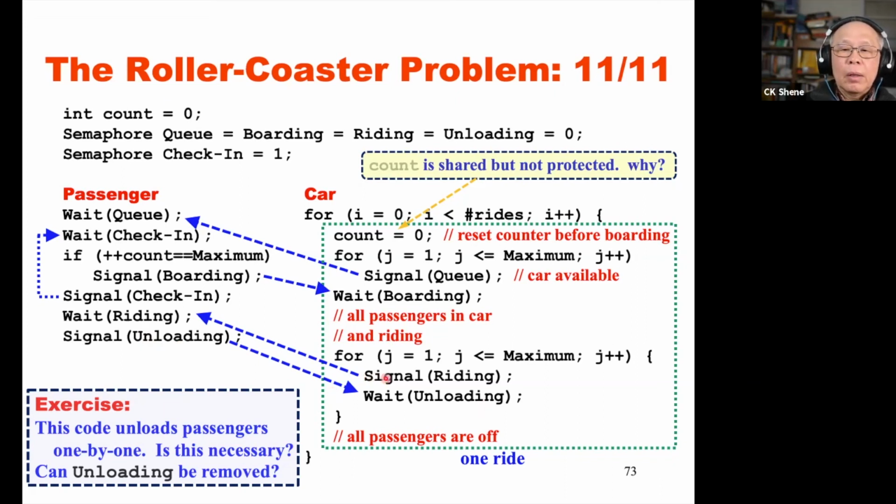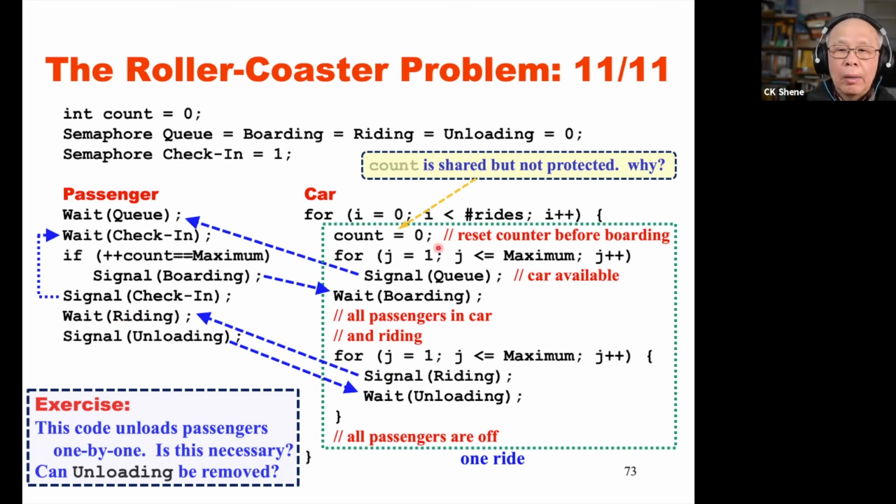Once right after signaling the riding semaphore, the manager will stop there so that he will wait until I am gone safely. Then he comes back to signal the next one. So this is the passenger.